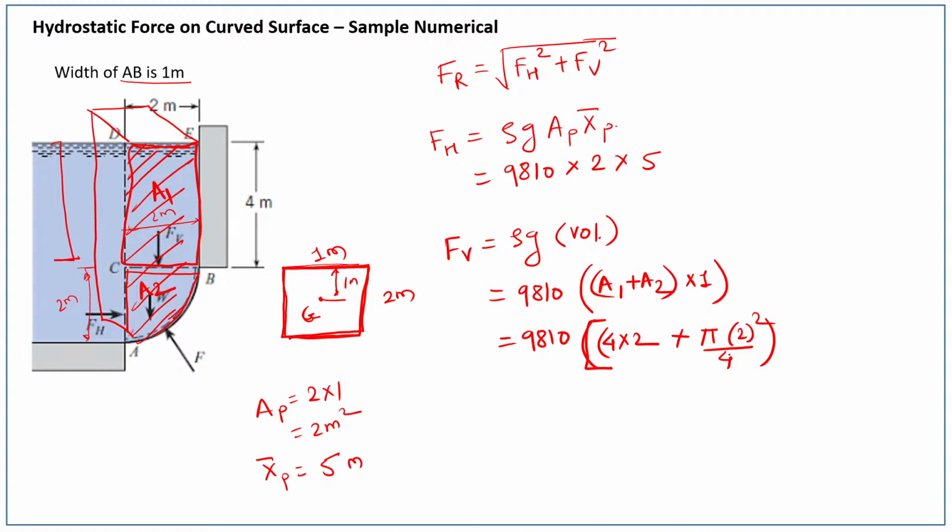This one is A1, this one is A2, into 1. By using this, you can find out the vertical force. And once you get the horizontal component and vertical component, it is very easy to find out the resultant force. Similarly, if the question asks to find out the location, you have to find out h bar of the horizontal and h bar of the vertical.